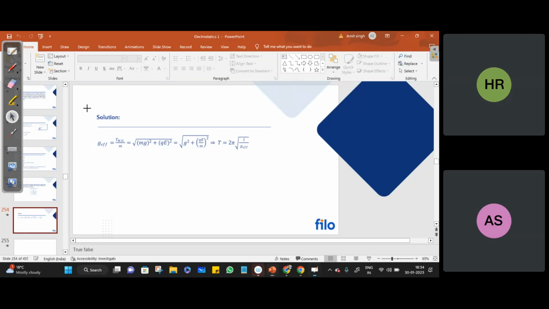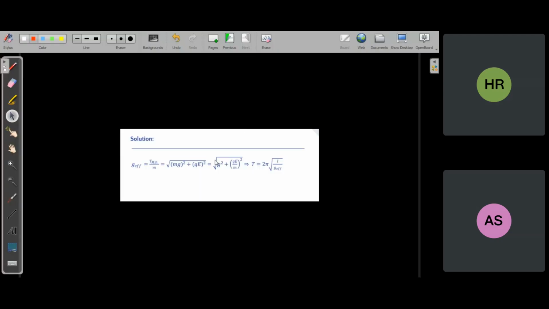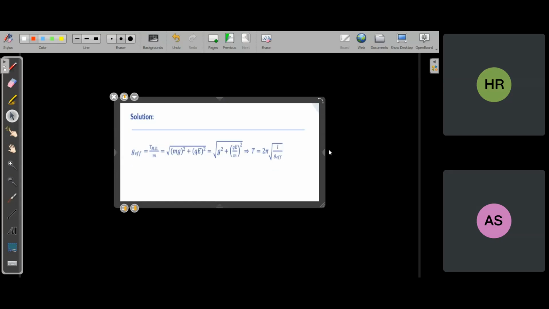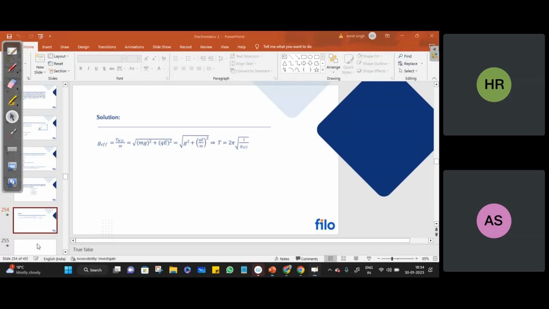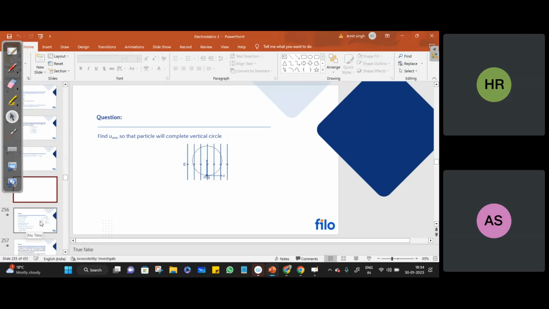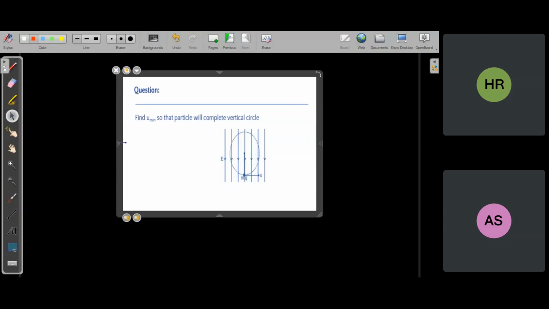That you can use, 2 pi under root L by g effective, right? Yes, the 2 pi root L by g effective is here. Okay. So you can try this question. Again, there is an electric field.